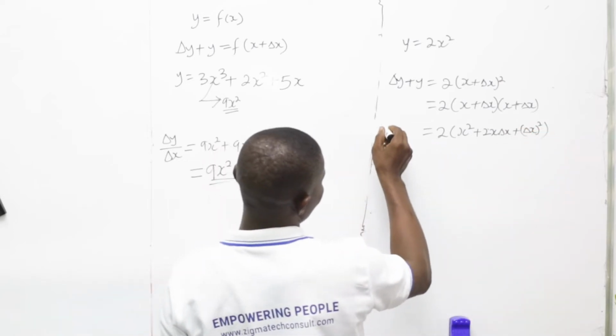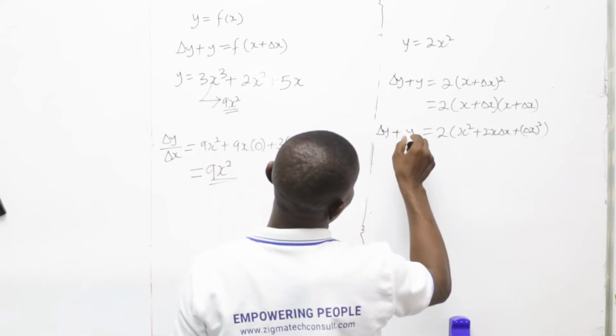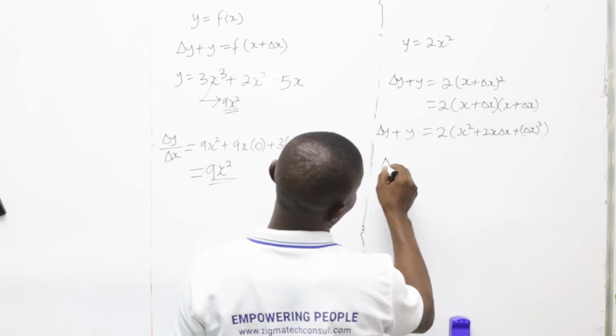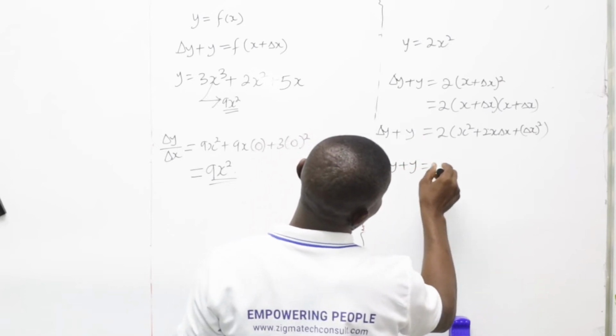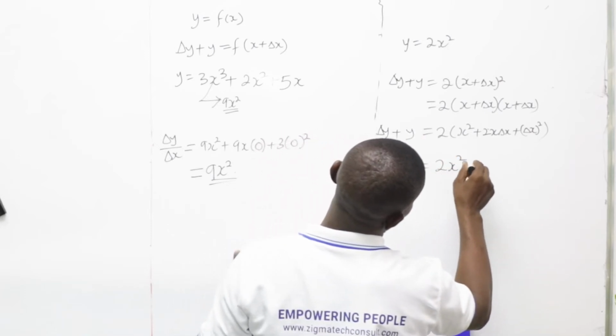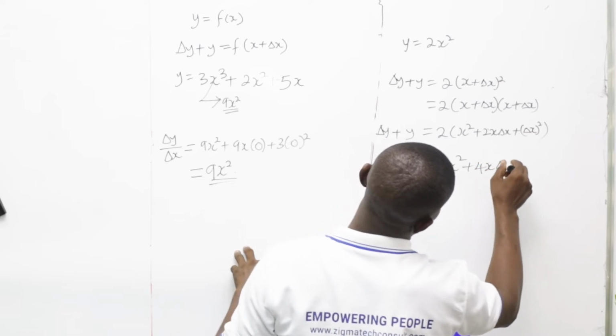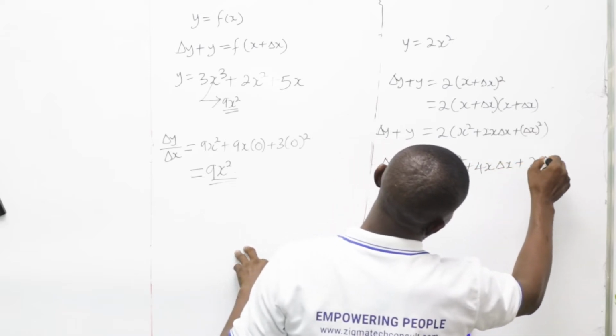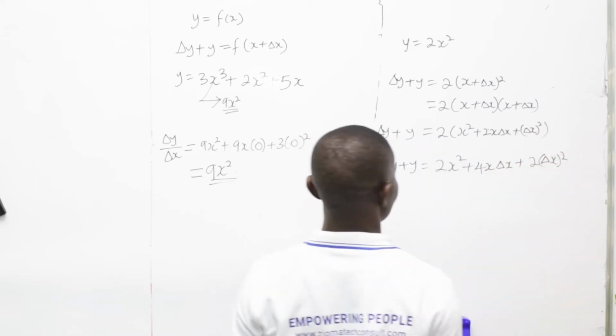Let's multiply out: y plus change in y will give us 2x squared plus 4x change in x plus 2 change in x all squared.